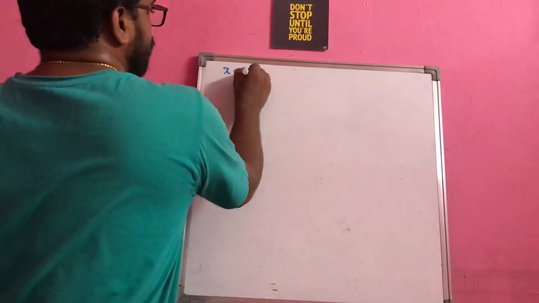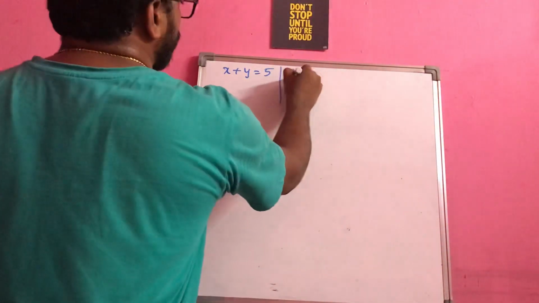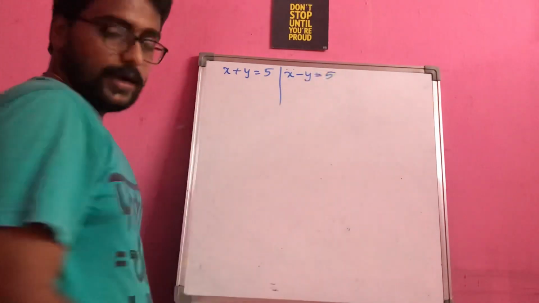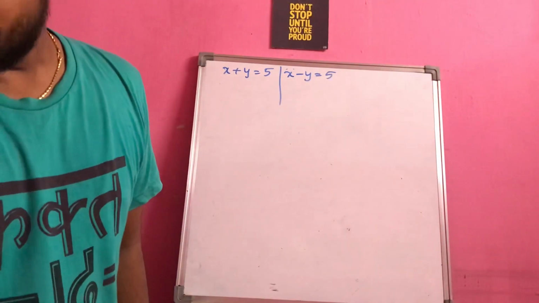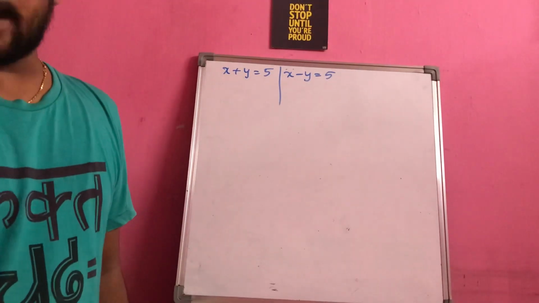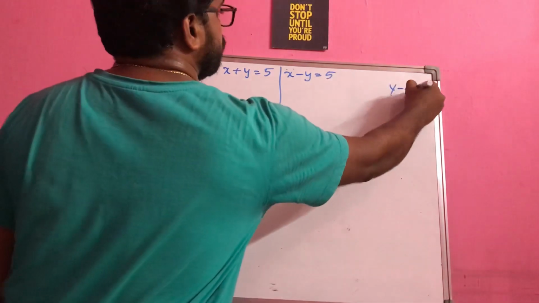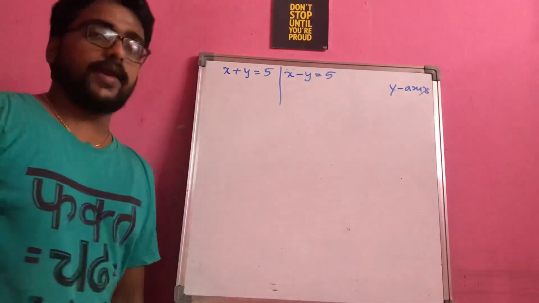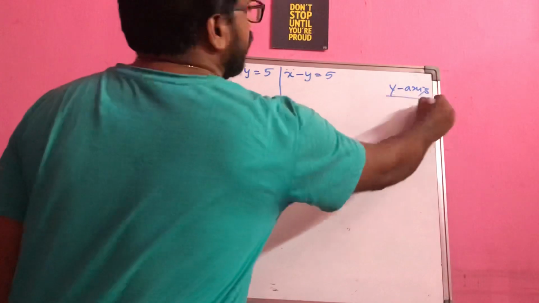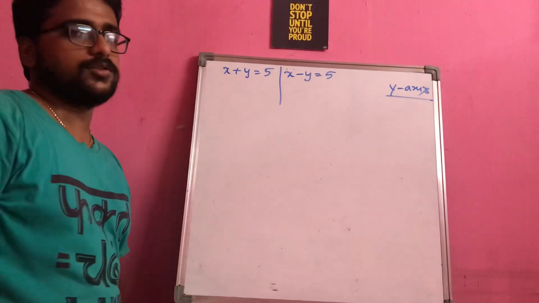x plus y is equal to 5. x minus y is equal to 5. And one more thing: find the solution of these equations from the graph. Shade the triangular region formed by the lines and the y-axis. Now they are talking about the y-axis. Here in this question they didn't ask what the area is, but let us make an attempt to find the area also.